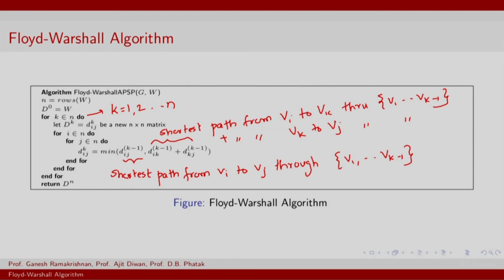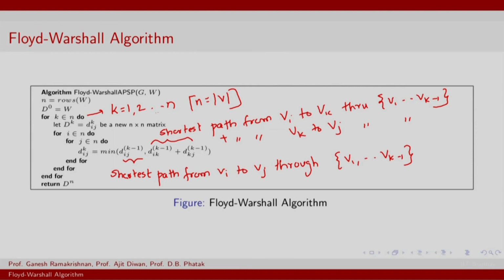You want to iterate over k, which varies from 1 to n, which is nothing but the number of vertices, and you are going to do that thrice.